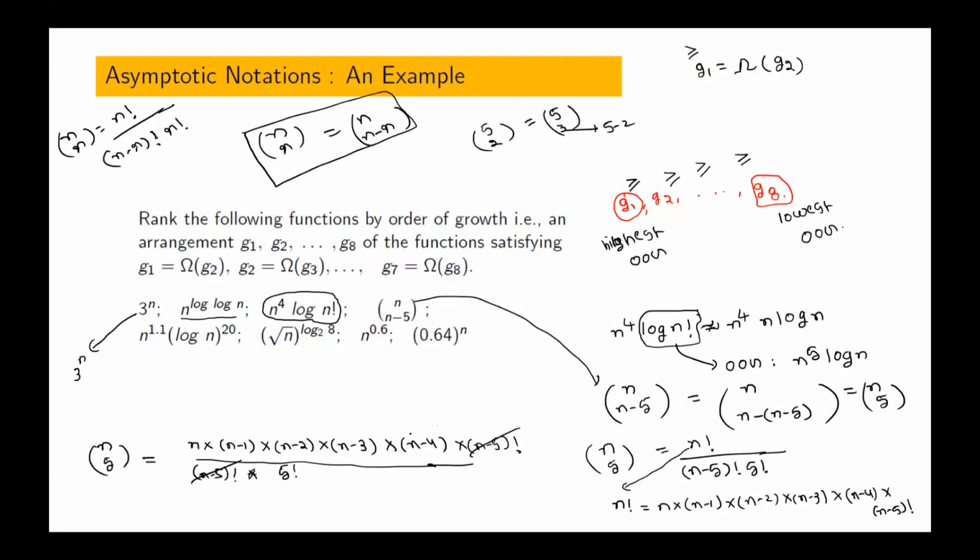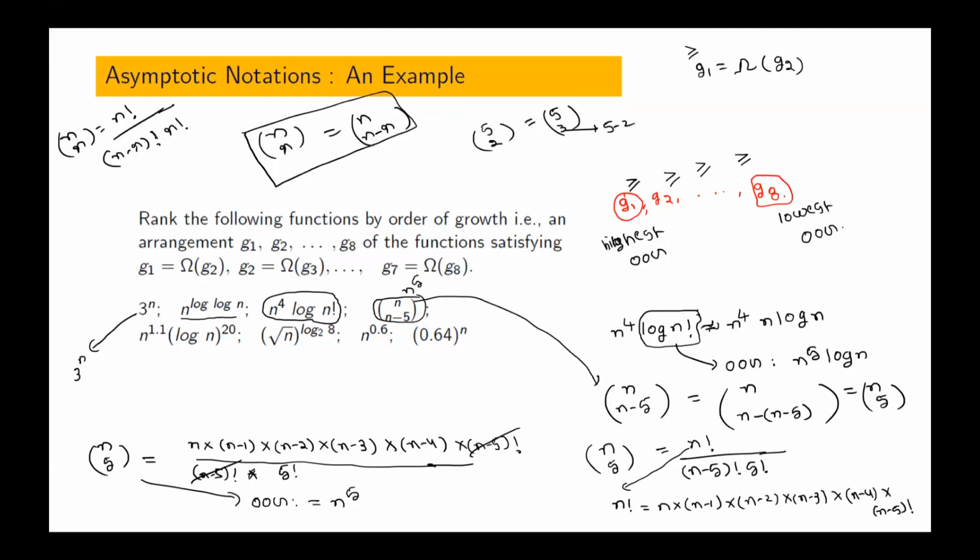The coefficient of the highest order term is 1 by 5 factorial, which is a constant, so we neglect it. So finally, the order of growth is n to the power of 5.